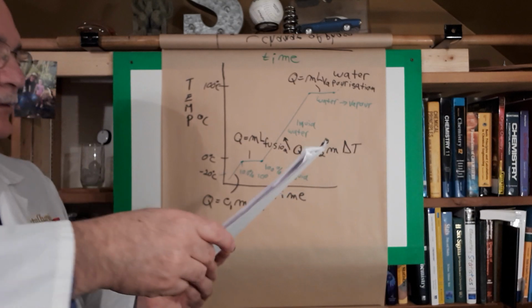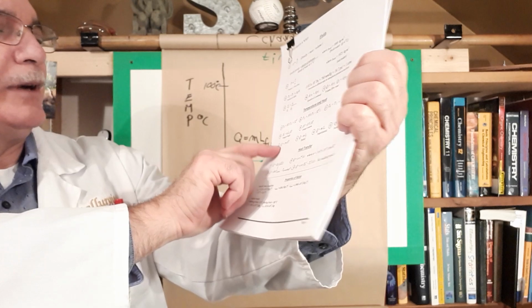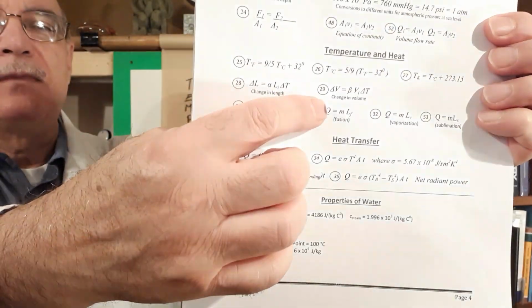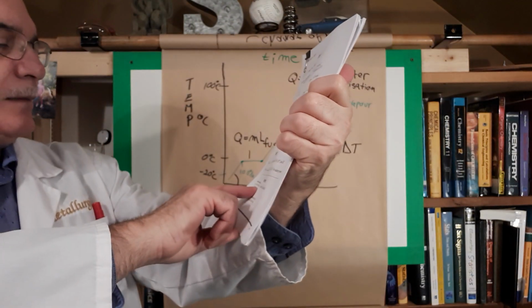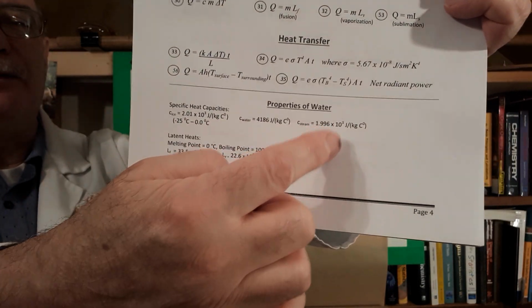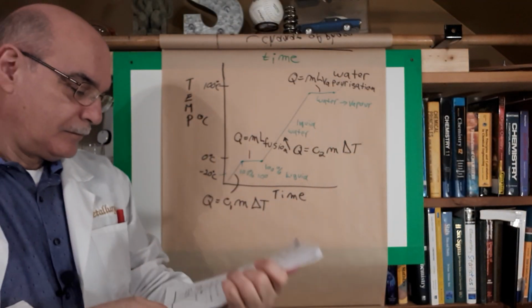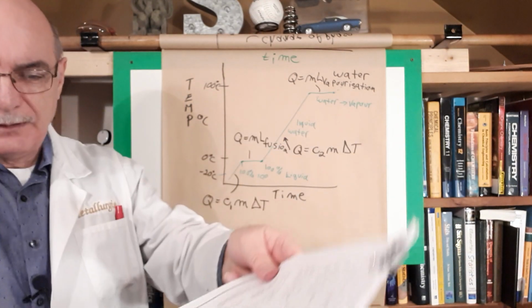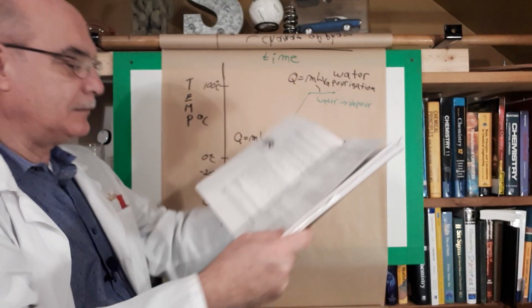And before I go to that, here's our equation sheet. And you have the equations, equation 30, 31, and the others. And below it are values of C. And this is the specific heat capacities for ice, C for water, and C for vapor. If you have others, you can look at this textbook.